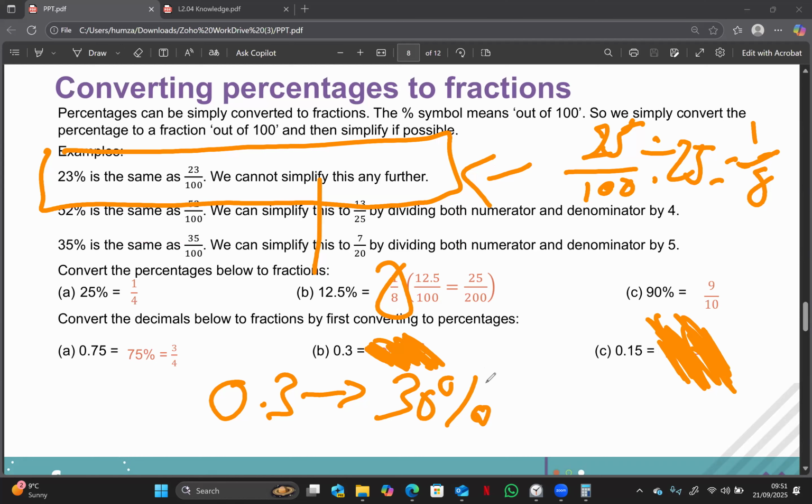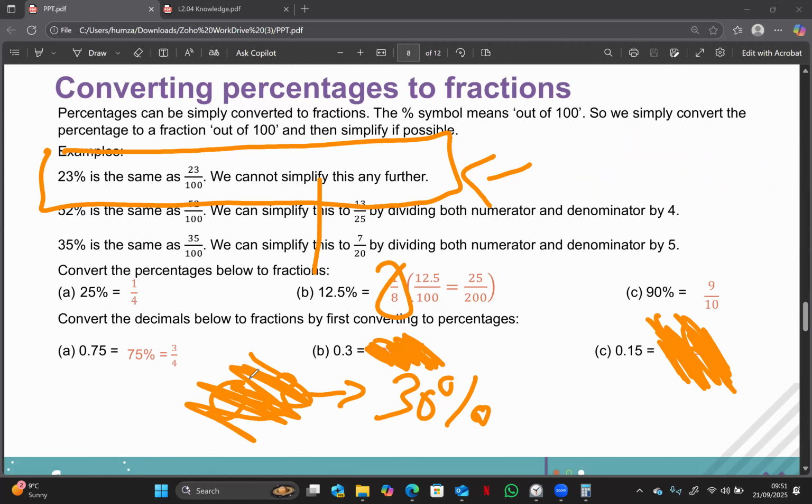Now, how do we convert that into a fraction? Convert 30% into a fraction. I'm not going to say anything. You guys do it. No, no. Once you've converted it into a percentage, forget 0.3.